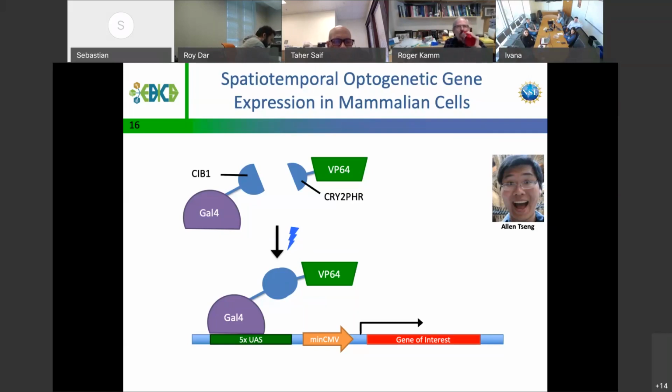Okay. You can also engineer the system so that both of them shuttle in and out. But generally, people only shuttle one in and out, and the other stays in the cytoplasm, so that there's less leaky expression, because they find there's some off-target leaky expression when both of them are shuttling in and out of the nucleus.